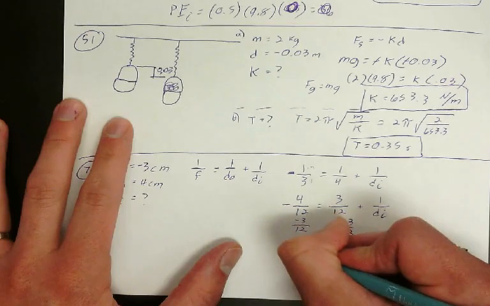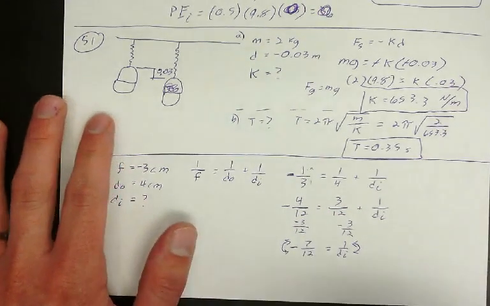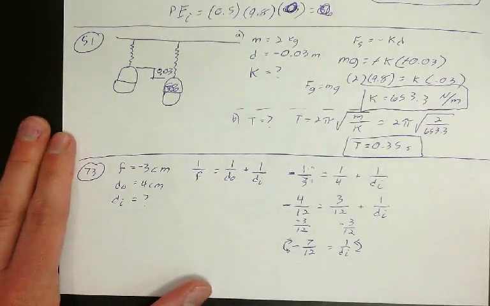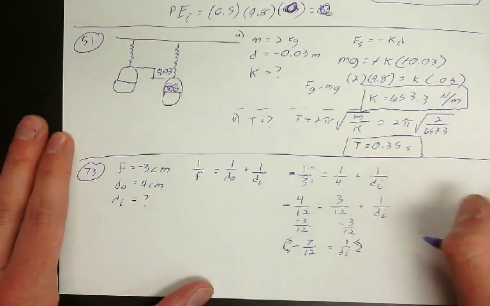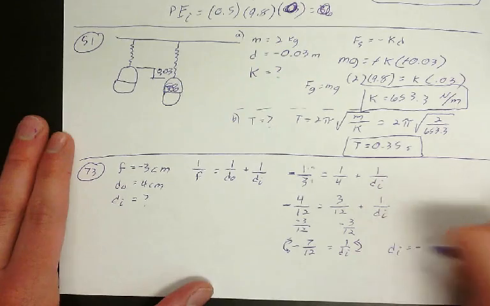So you flip the top and the bottom, and you get DI equals negative 12 over 7.